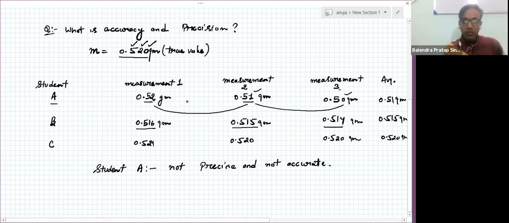So the value should go like 0.52 to 0.519, 0.516, 0.515. So there are basically 10 values which are missing. Student A jumps directly from 0.52 to 0.51. Okay, sir, clear.